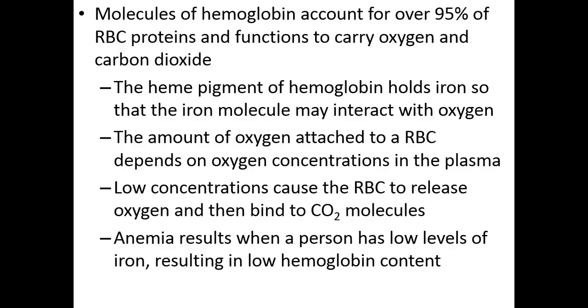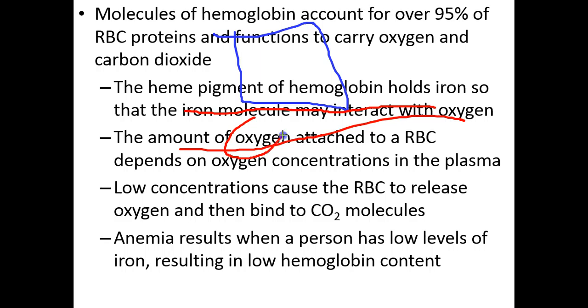So another way to explain this would be, let's just say I had this cell right here. And then let's say I had this blood traveling down this blood vessel right here. And then inside that blood vessel is a red blood cell. You like that?